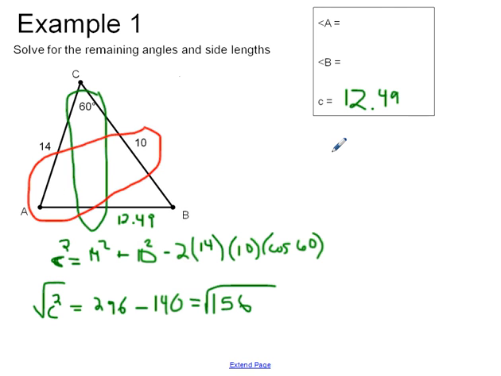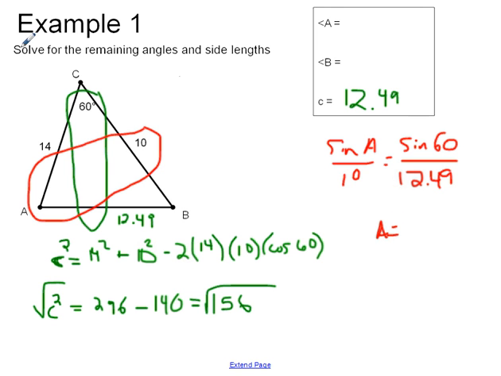So that would be angle A. So I'm going to have the sine of A over 10 equals, since I found the side opposite 60, I'm going to reuse that in this problem, sine of 60 over 12.49. When you cross multiply and solve, you will end up with 43.90, it looks like. 43.90.